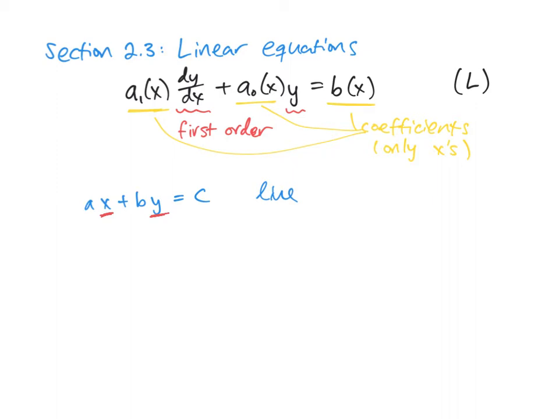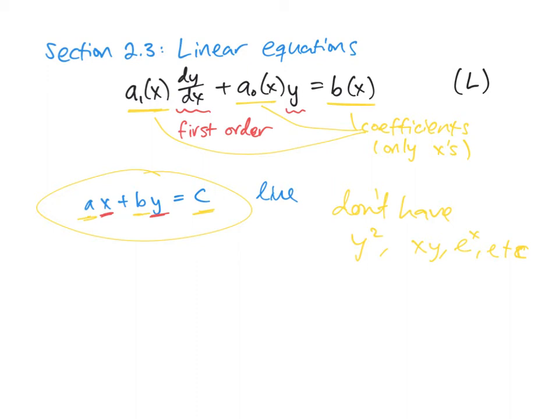And the coefficients are these constants a, b, and c. So the thing that makes this linear is that you don't have things like y squared or xy or e to the x, etc. And so it's the same thing with the differential equations, where you don't have your variables, y and dy dx, doing all sorts of crazy stuff.